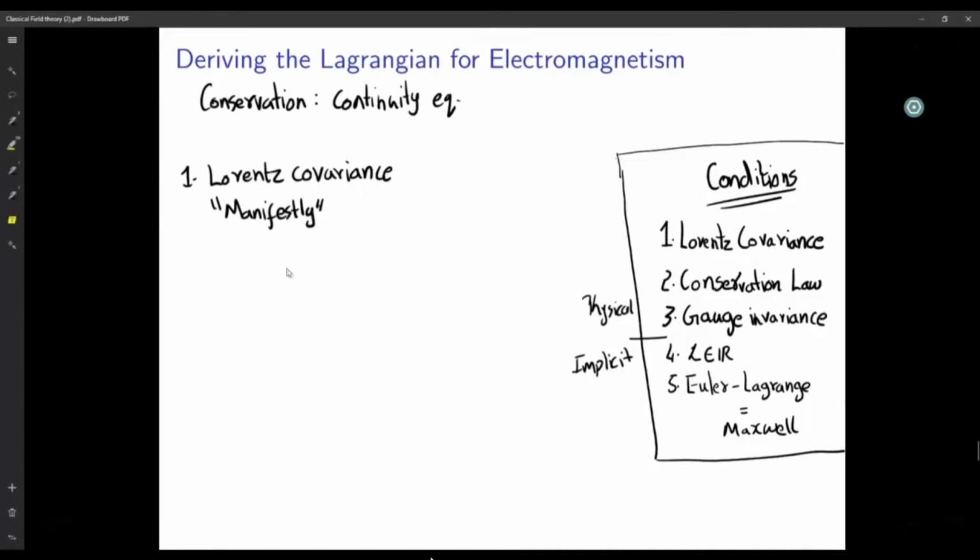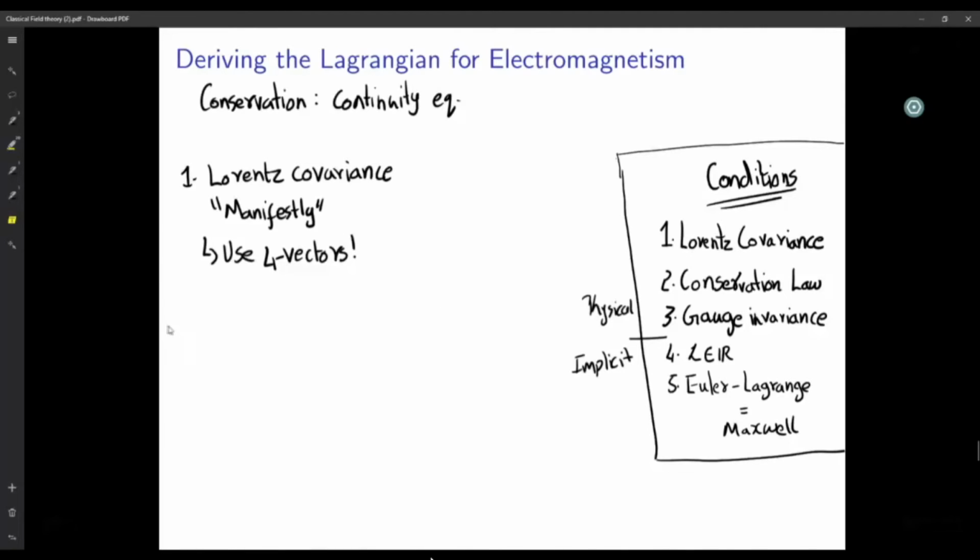The easiest way for Lorentz covariance to be manifestly present in our theory is just to use 4 vectors. That's our solution. So we are going to only use 4 vectors and objects formed which follow the same or more predictable transformation laws as those 4 vectors themselves. So that's what we're going to do to sort out Lorentz covariance.